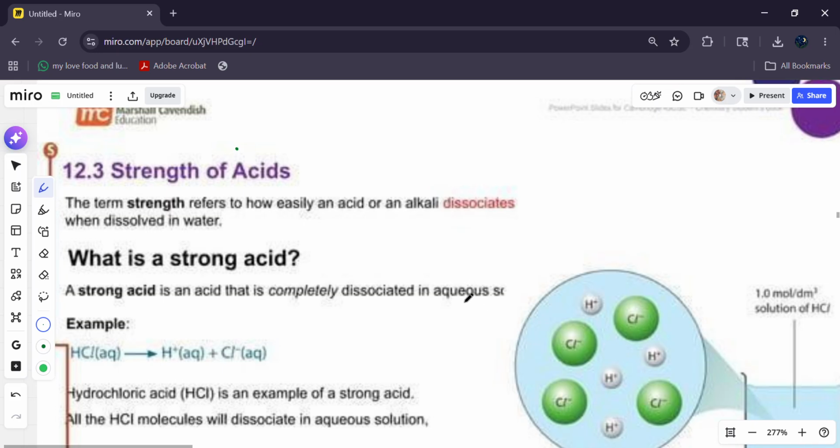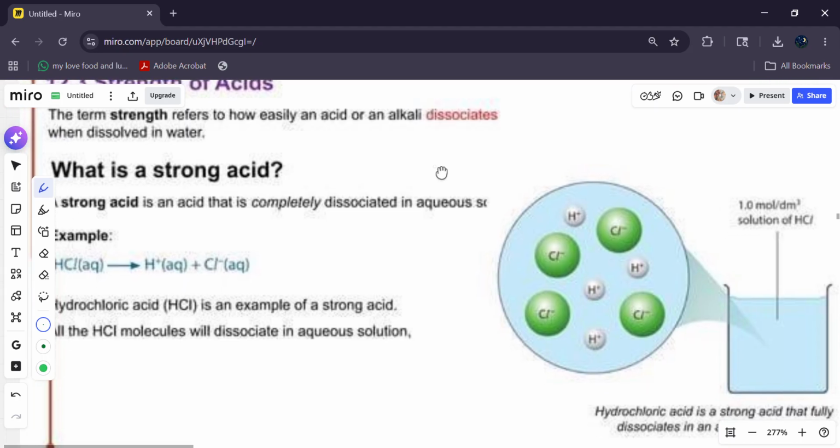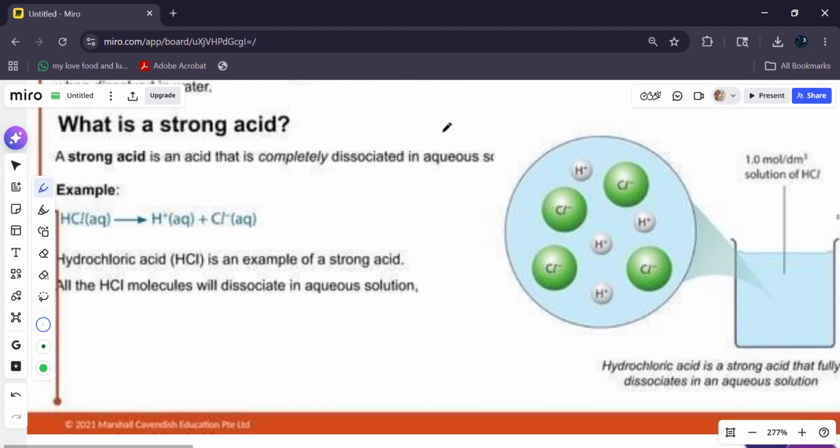An example is hydrochloric acid. Hydrochloric acid, when reacted with water, all of the molecules would dissociate in the aqueous solution, producing hydrogen ions.